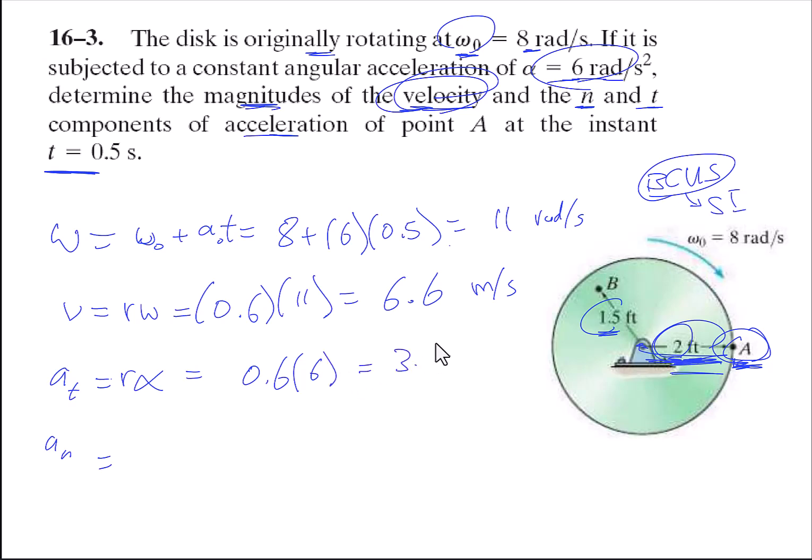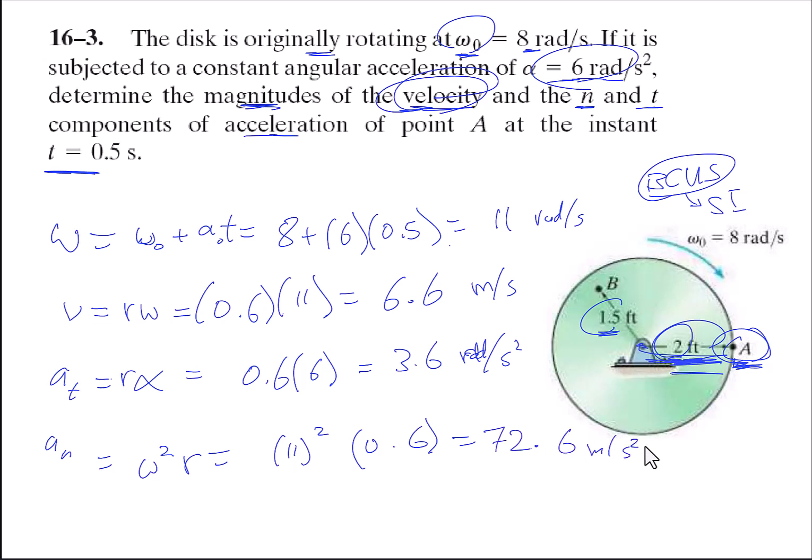So this is about 3.6 meters per second squared. And the normal component is omega squared times the radius, which is 11 squared times 0.6. So it's about 72.6 meters per second squared. These are approximate because the radius is not exactly accurate.